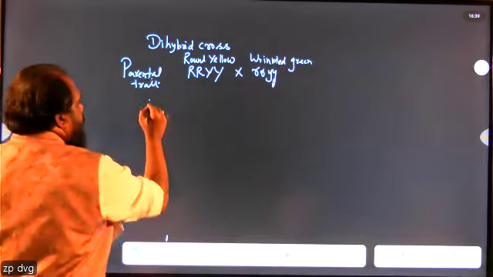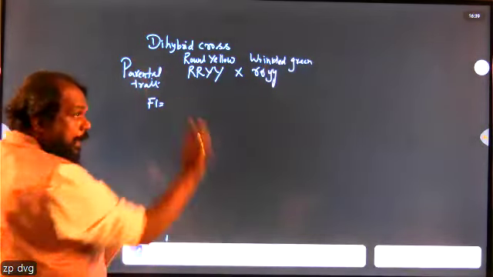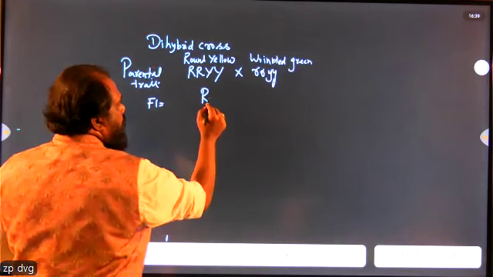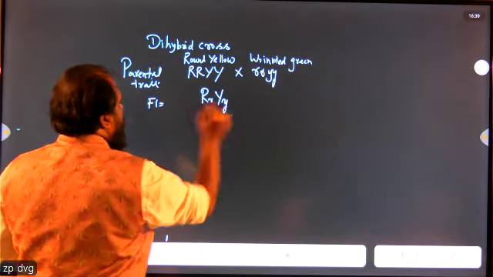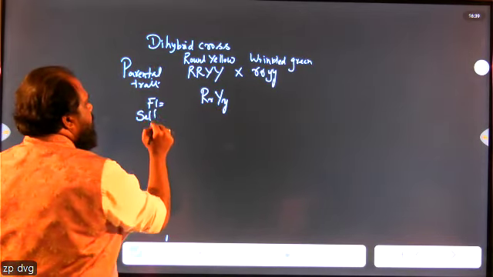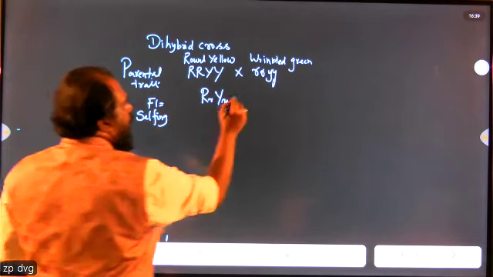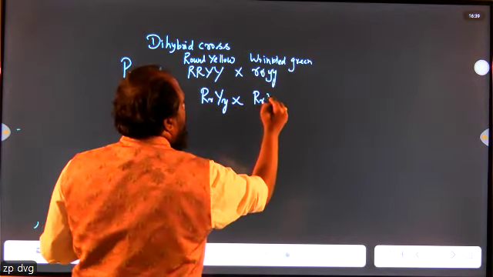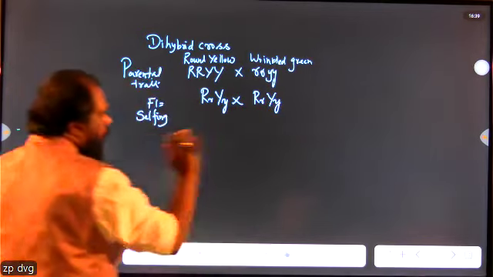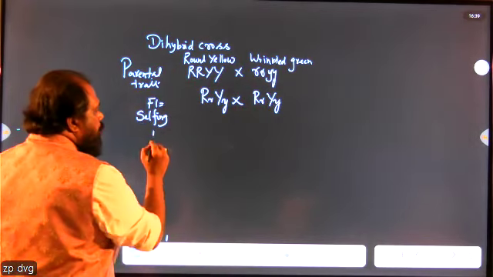In F1, I'm not doing the entire cross. Hope you remember, capital R, small r, capital Y, small y. F1 will be selfing. You have capital R, small r, capital Y, small y. When you do this cross, what is the ratio you will get?